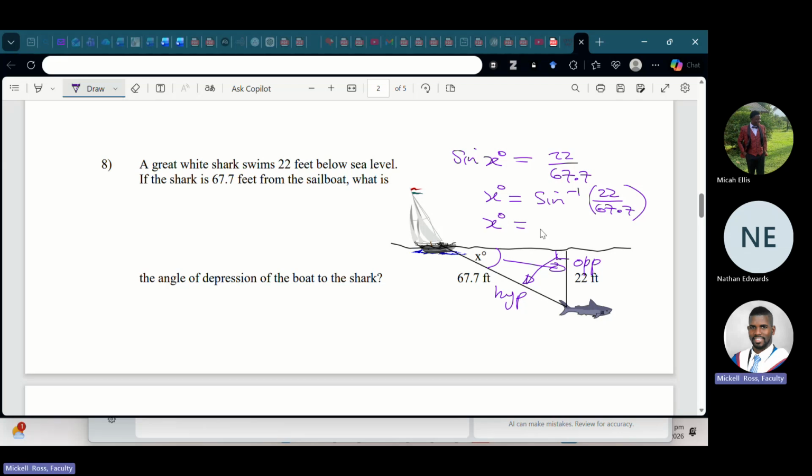And I'm going to end up with an angle of 18.96. So the angle is approximately equal to 19 degrees, because as I mentioned, we normally round off to one decimal place, and based on this one decimal place, the 6 will round the 8 up to give you 19.